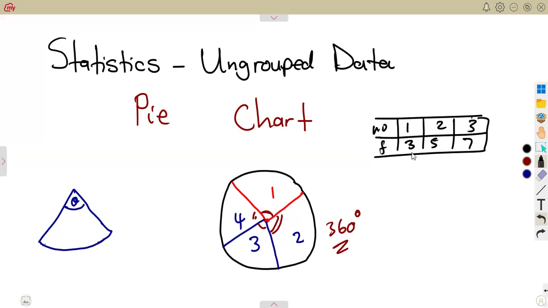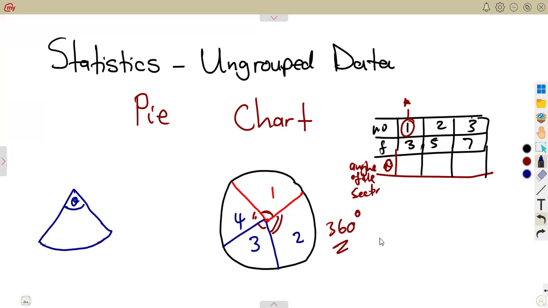How are we going to calculate, for this number one that we are seeing here, what is the angle corresponding to it? Because what you need is the angle of the sector corresponding to that one. So let's call this theta. So what is going to be the angle of the sector corresponding to 1, corresponding to 2, corresponding to 3? How do we calculate that?